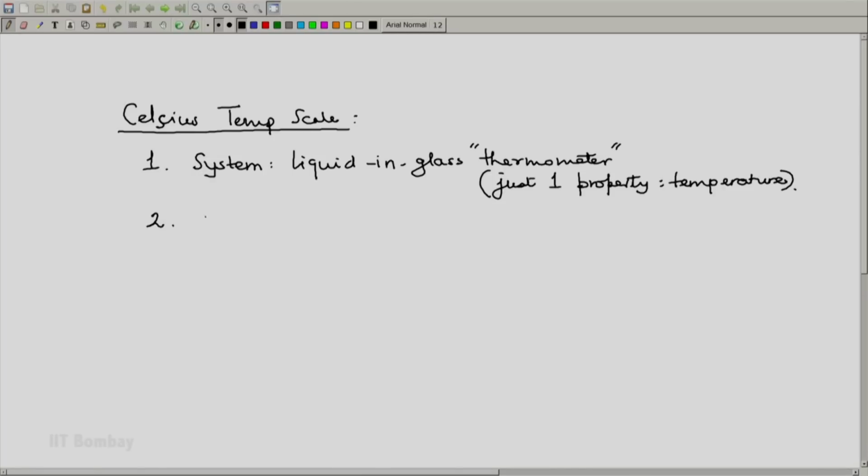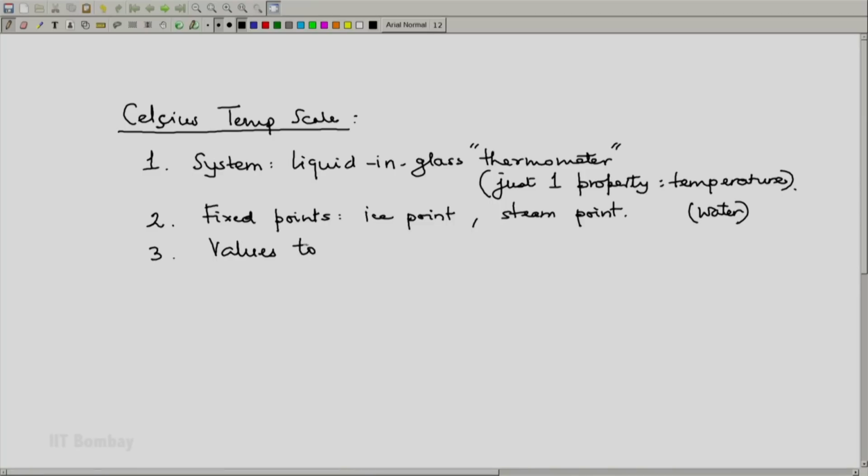Second, we needed fixed points. In this particular case, we had the ice point and the steam point. And for this, apart from this system, a fluid, ice, water, steam, was also used. Then we assigned arbitrary values to fixed points.